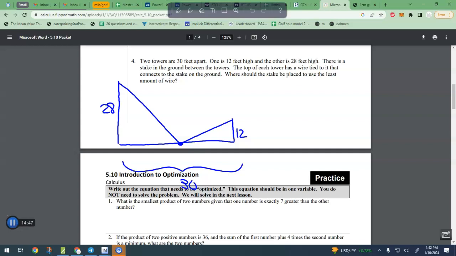I didn't do too much yet, but that's what you're kind of working with. And you want to use as little wire as possible. The wire is like the diagonal.